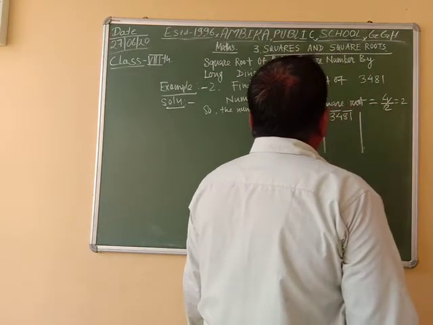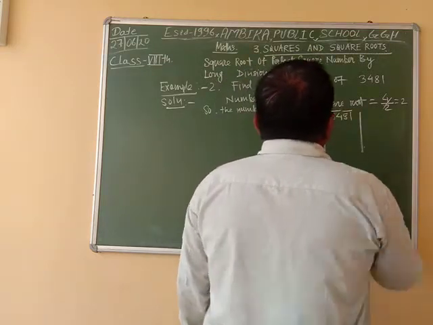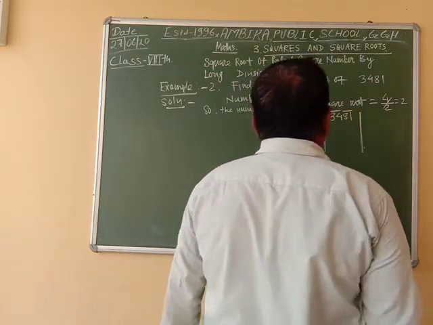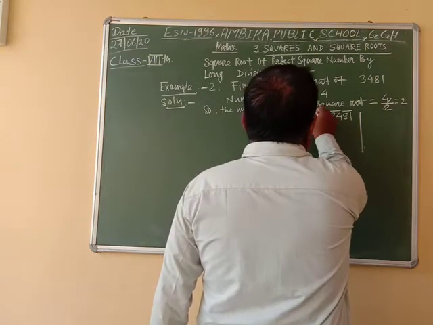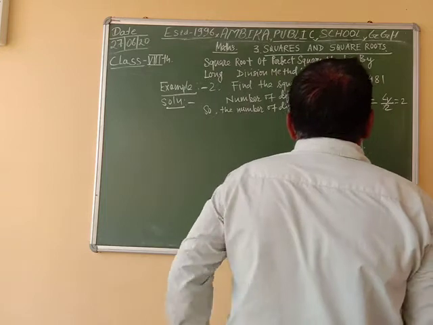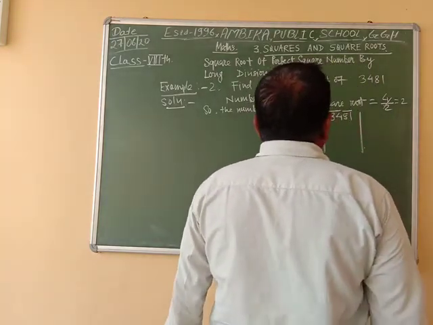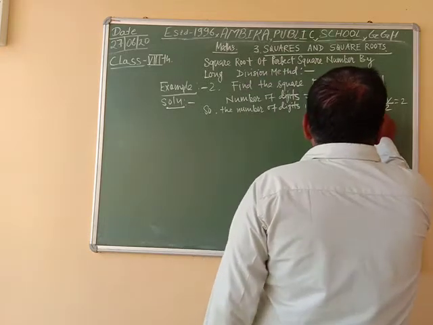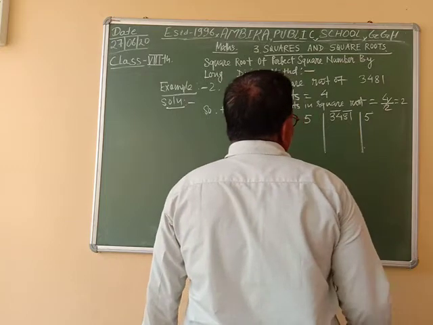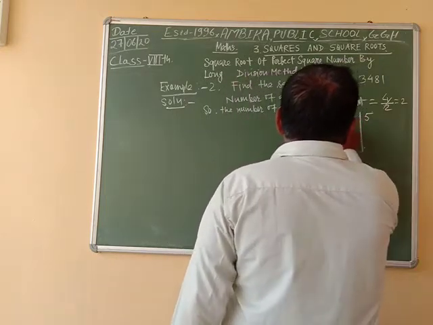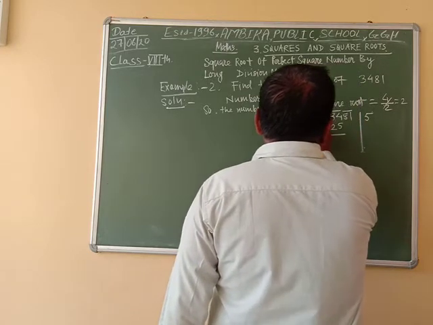So let us suppose that square of 5 is appropriate to divide 34. So we write 5 as divisor and quotient as 5. Square of 5 is equal to 25. We write 25 below 34 and subtract.